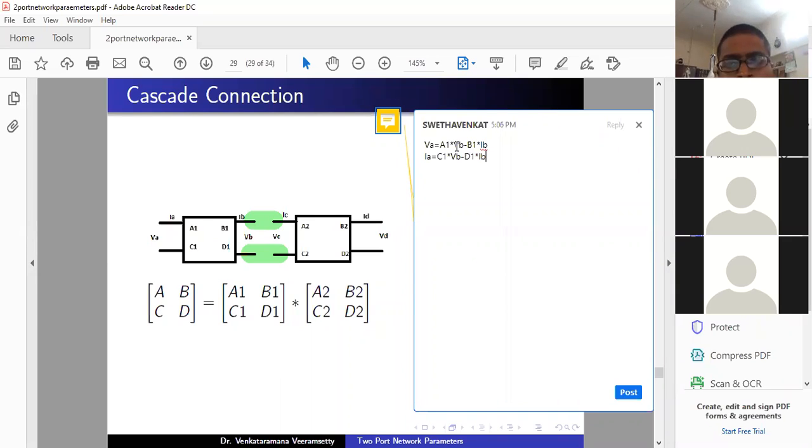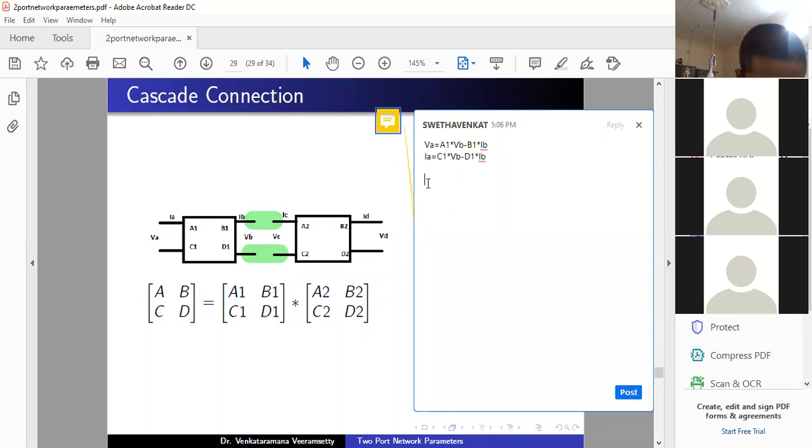Good. So this is the ABCD parameter representation of the first two-port network. Next, now represent the input voltage and input current of the second two-port network, those are VC and IC, in terms of output parameters VD and ID using the ABCD parameters of the second two-port network.